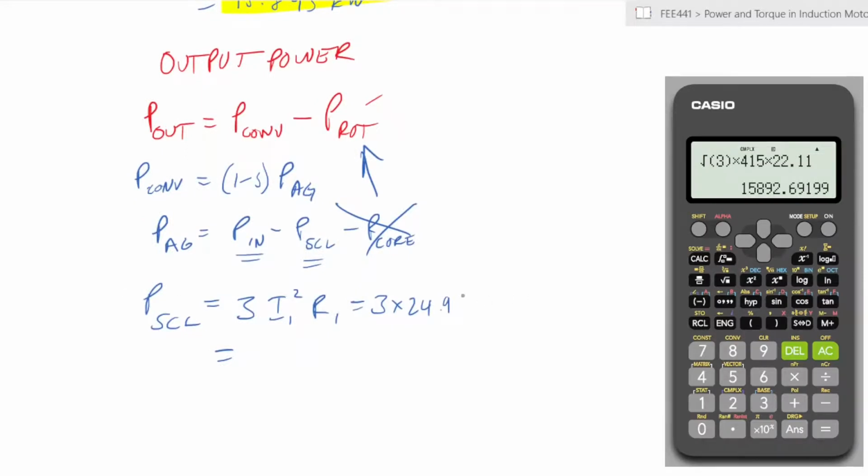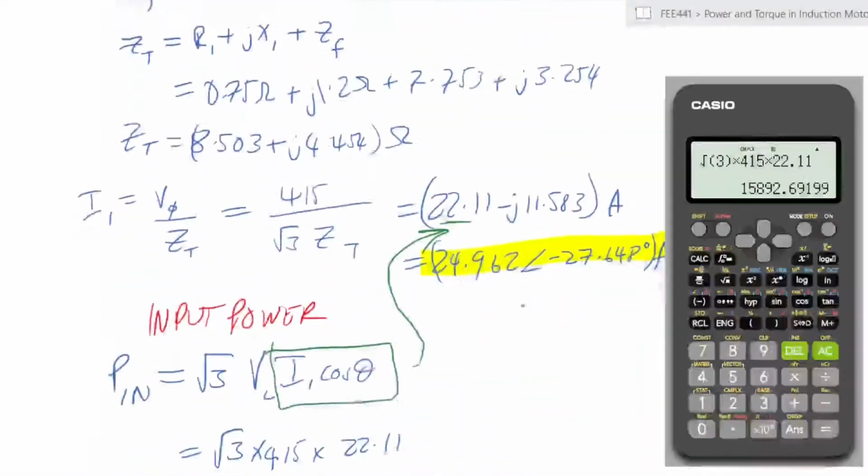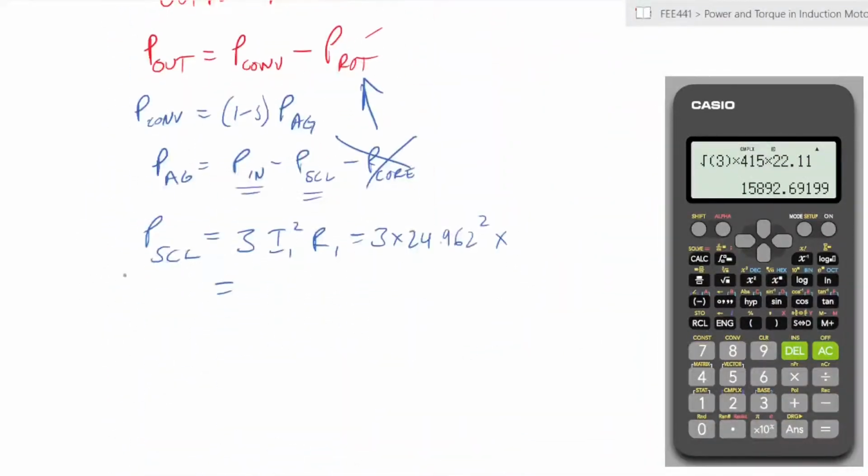So that is 3 times 24.962 squared times R1, 0.75. Let's calculate that. That is 1,401.98 watts.